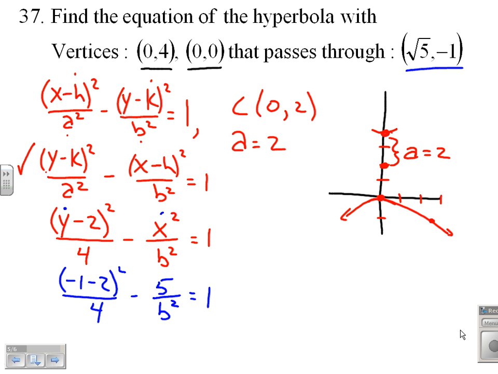So at that point, I think I'm going to go ahead and multiply both sides by 4b² here, so I'm not working with fractions anymore. Okay, as my first term distributes, I get (-3)², I get 9b². The 4's cancel as I distribute.